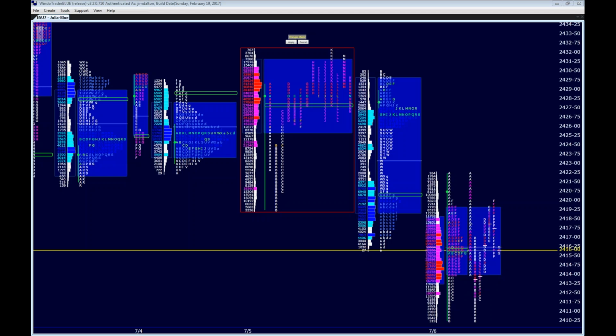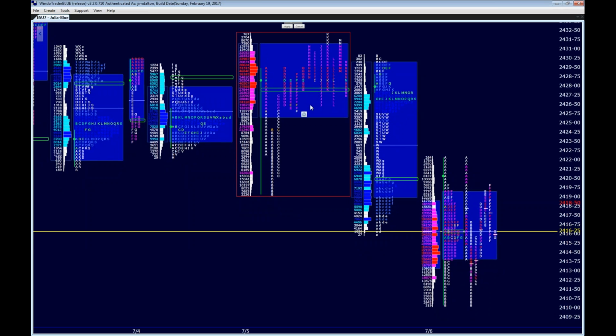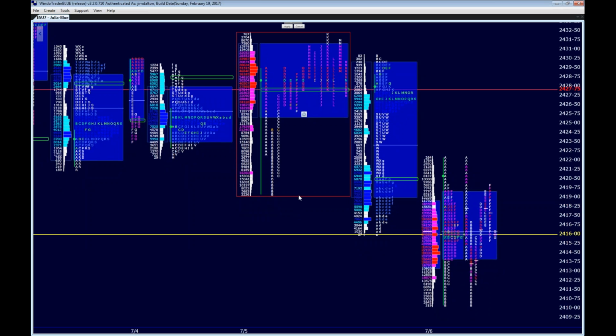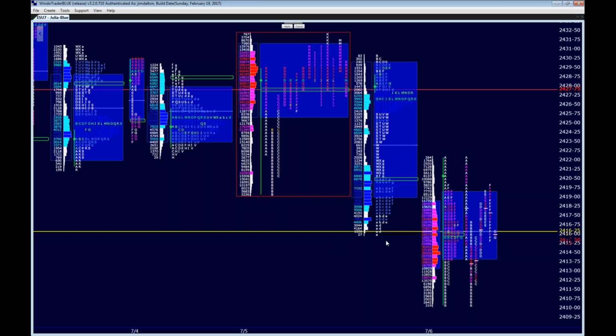And when you don't see that correction, as you did this morning, then that's an indication that the market is weak. If you were just following price this morning, you could have gotten sucked into buying as the market opened.